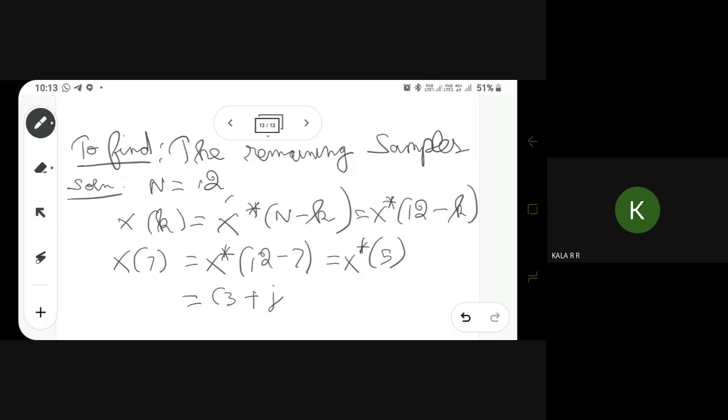For this you have to take the conjugate. If you are taking the conjugate, it means the j term becomes negative. So it will be 3 minus j. Then x of 7 value is this one, 3 minus j.